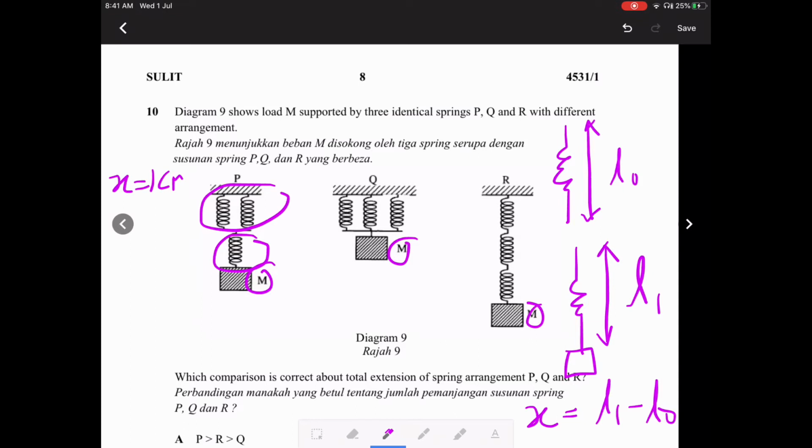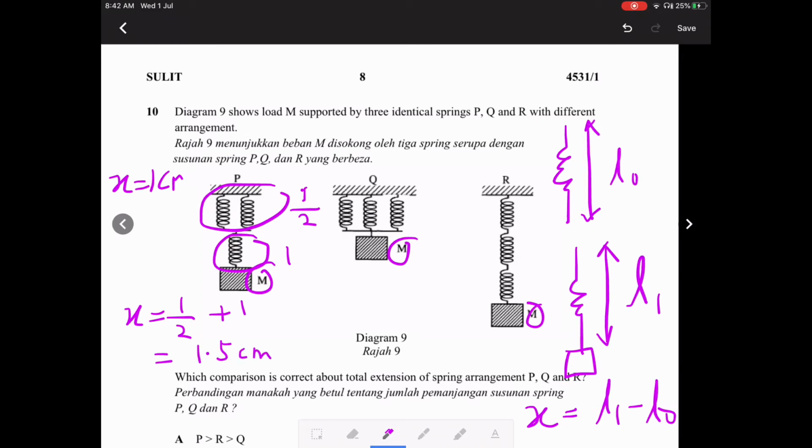So, sistem yang pertama yang dekat atas ni bermakna 1 cm tu kena bahagi 2. Manakala yang dekat bawah ini ialah 1. Jadi total pemanjangan ialah setengah tambah 1. Bermakna dia jadi 1.5 cm.